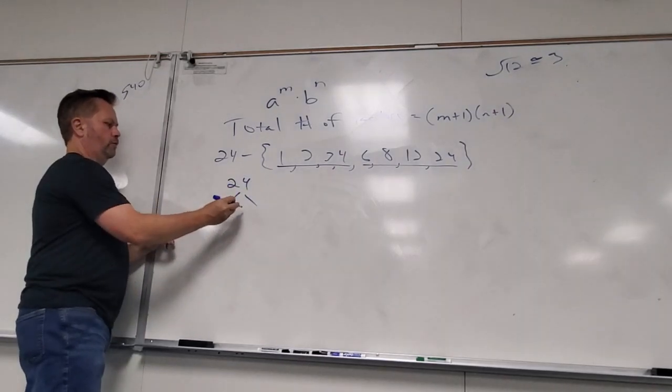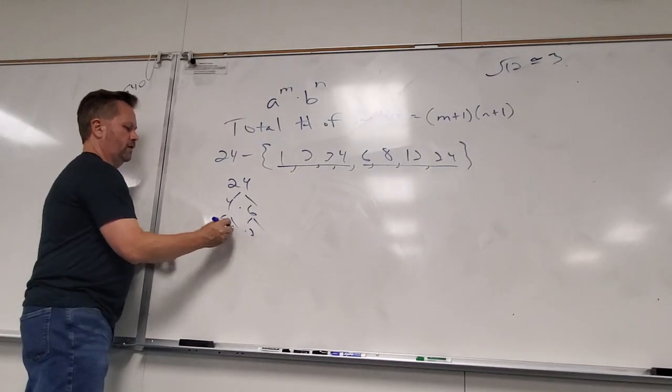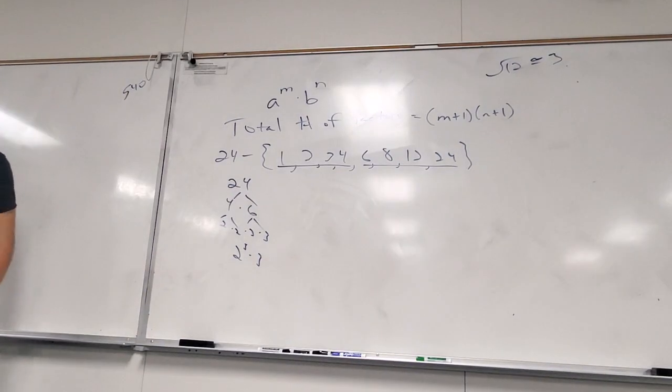So what do you get? You get 4 times 6 or whatever you want to do. So I get 2 times 2 times 2 times 3. So I get 2 cubed times 3, right?